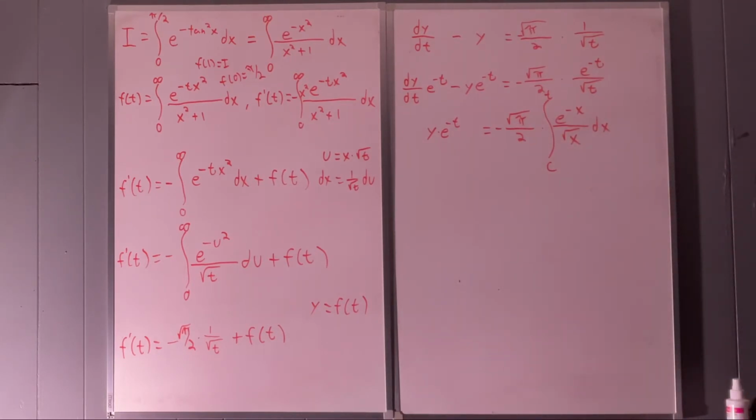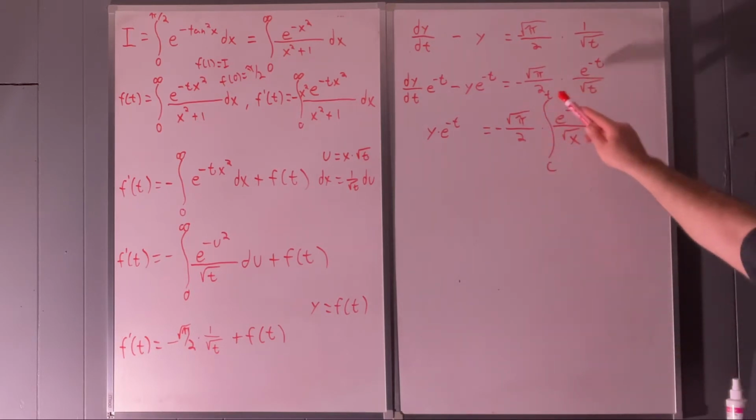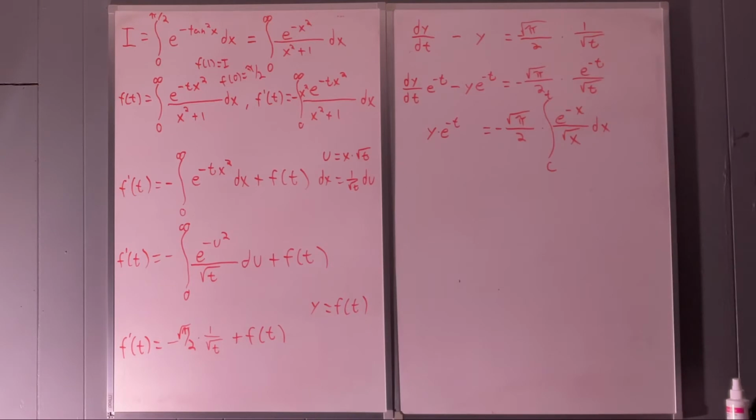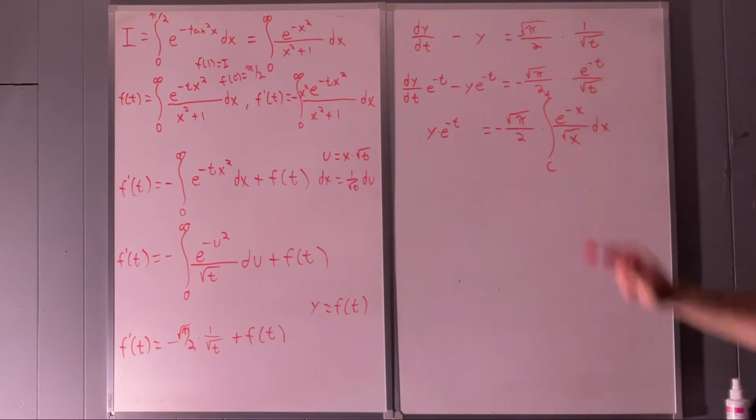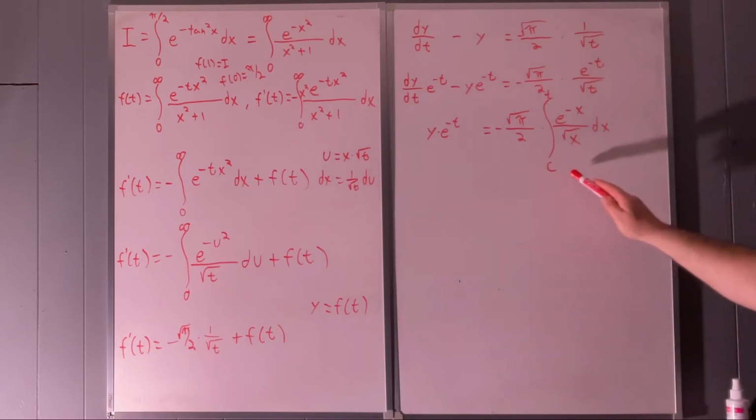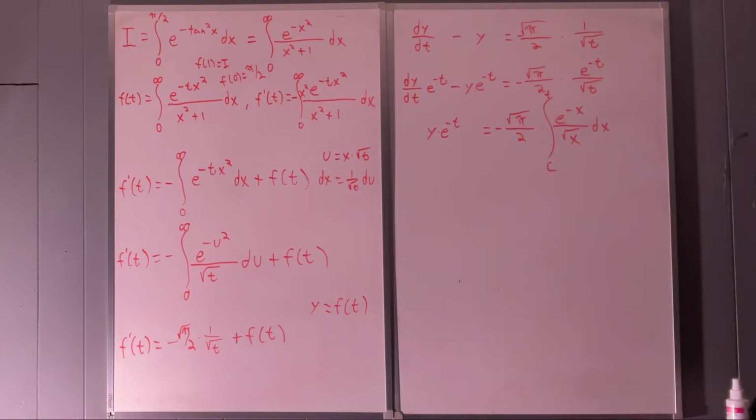I hope you all agree that that's equivalent. This is just another way of writing the antiderivative of e to the negative t over square root of t, because you will get the antiderivative evaluated at t plus or minus a constant of integration. All right, so we've rewritten that.